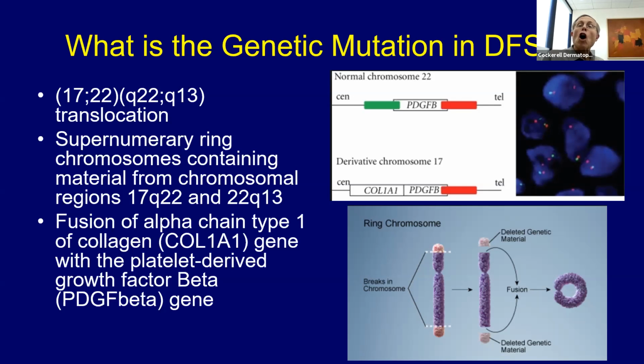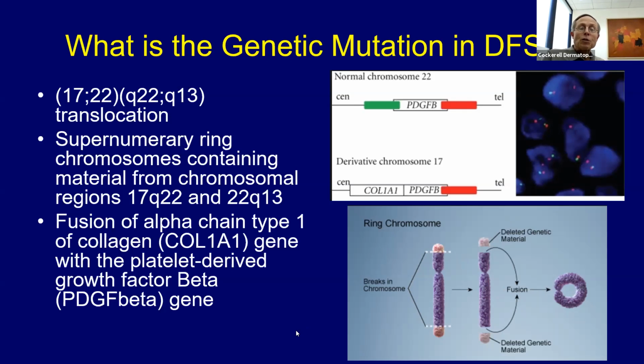And this turns on the cells and makes them proliferate, and you get all of these fibroblasts, if you will, which is the cell we think is really the cell of origin of this, a fibroblast-like cell, forms a tumor. And sometimes, if you get this translocation with deleted genetic material at the tips, you'll get a ring that forms, a little ring donut chromosome that's associated with a 17;22 translocation.